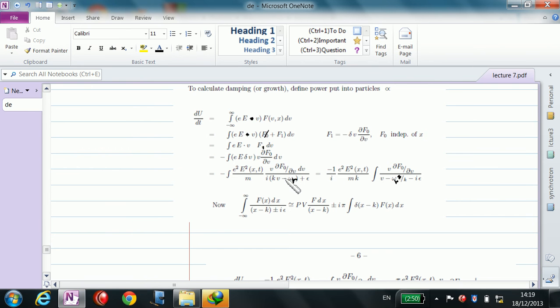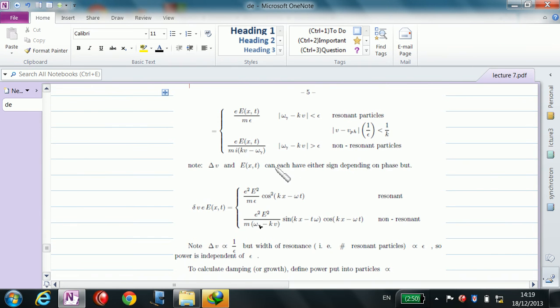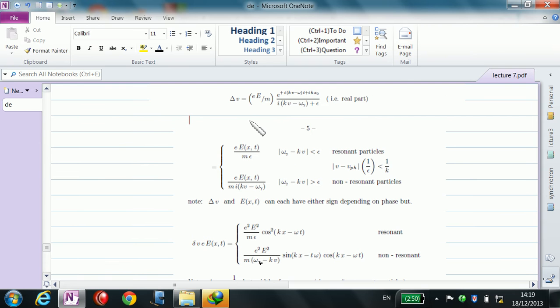And the k delta v definitely had a 1 over kv minus omega r in it. And actually, I could just write omega here.